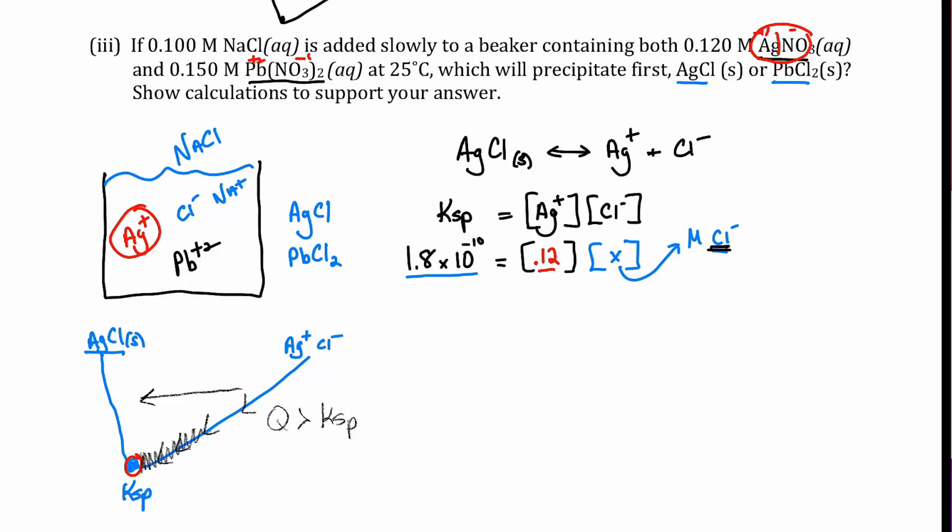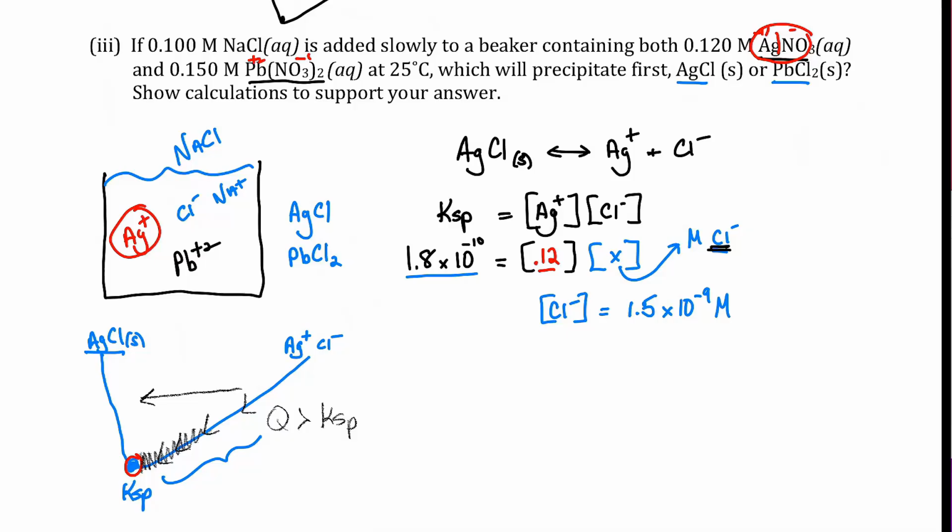So the X, or the chloride ion concentration, is equal to 1.5 times 10 to the negative 9, which is the molarity. Brackets means molarity. So that means that any number greater than that is going to take me into this area here where Q is greater than KSP, and we're going to work more spontaneously in reverse, which means we're going to make a solid and precipitate.